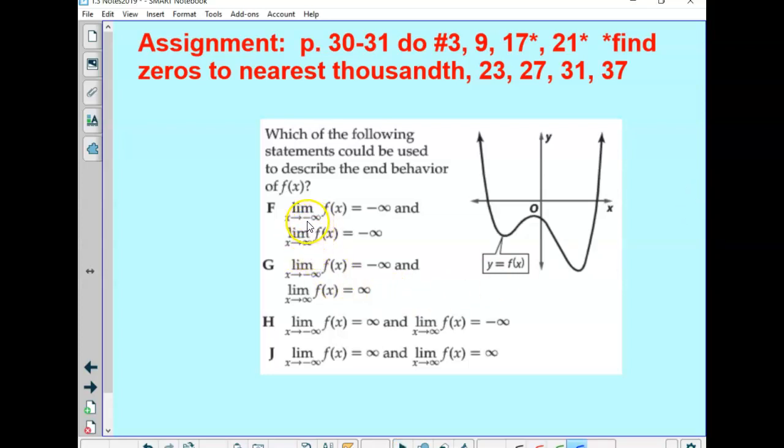But this is saying x is approaching negative infinity and positive infinity. So all of the values are there for x correctly. What do we want the y's to be doing? Both ends are pointing up. So we want the f of x to both be positive? Yeah. All right.